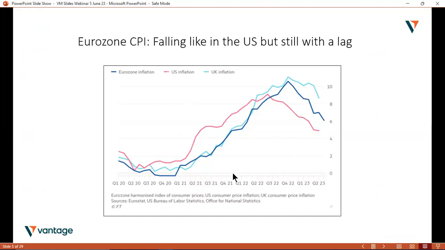Eurozone inflation, you can see this chart comparing it against the US in the pink, Eurozone in the blue, and then UK still very stubbornly high in the light blue. So as I said, Eurozone is still lagging the US, but still falling. That print last week confirmed the disinflationary prints from the Eurozone country releases that we had in the previous days before Thursday's Eurozone inflation print.